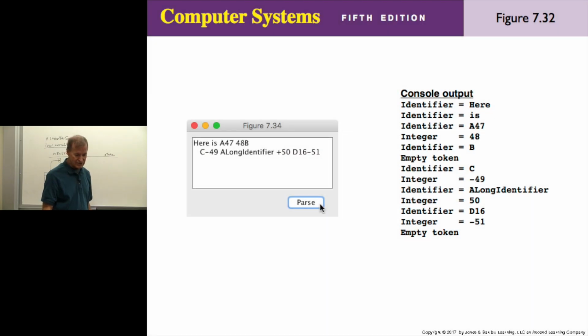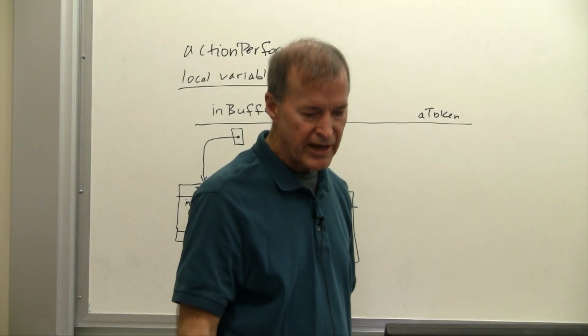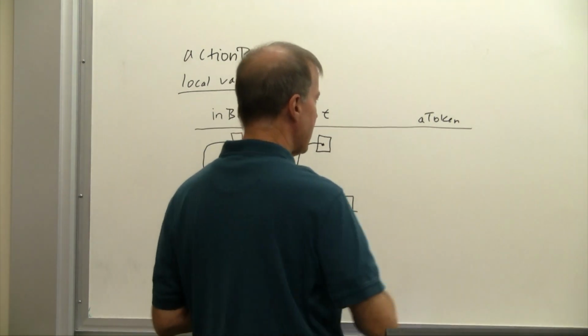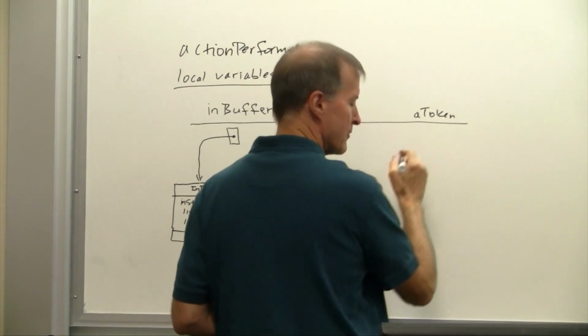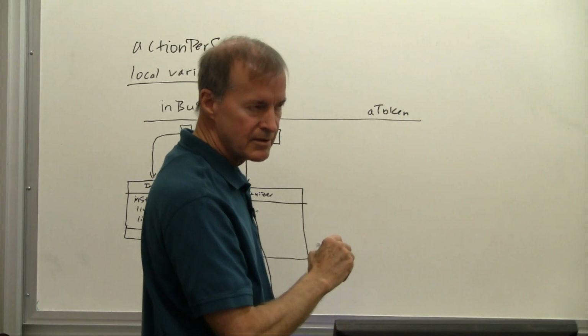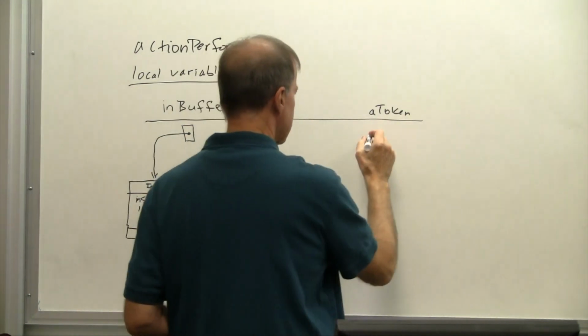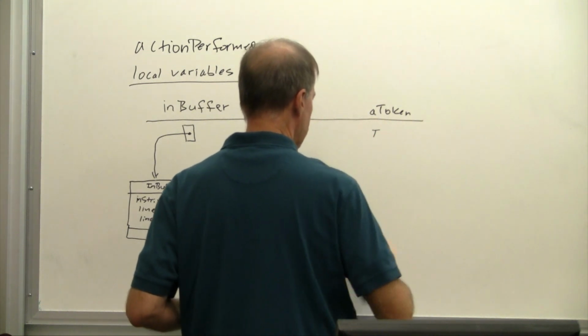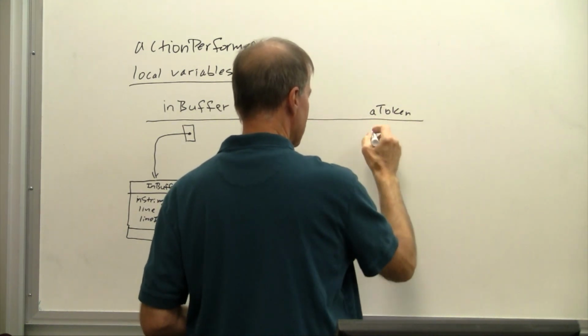Identifier equals here. So here in figure 7.32, it would scan the HERE in the space and boom. And so what would it return? A token would be an identifier token, what do we call that? T identifier? I think so. It would be a T. I'll just verbalize it.